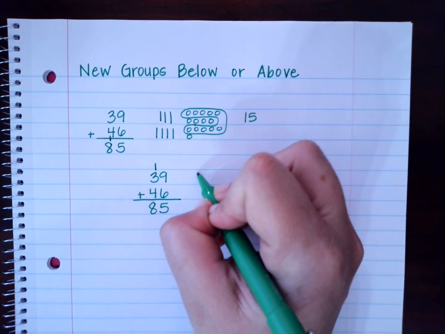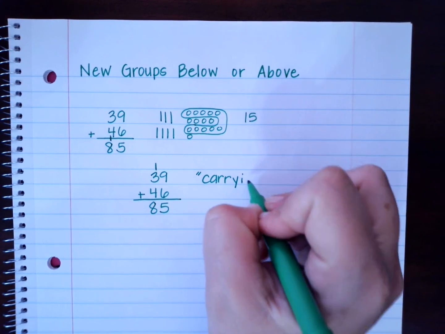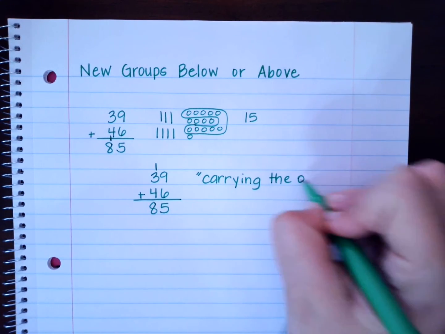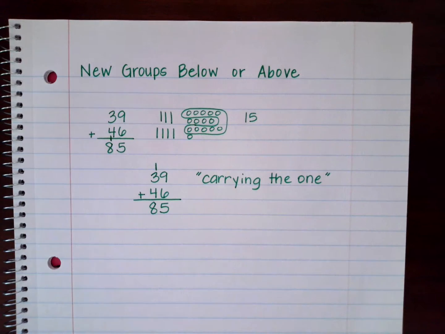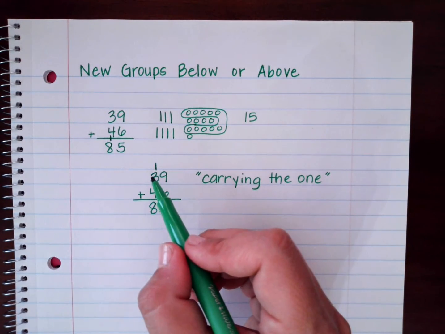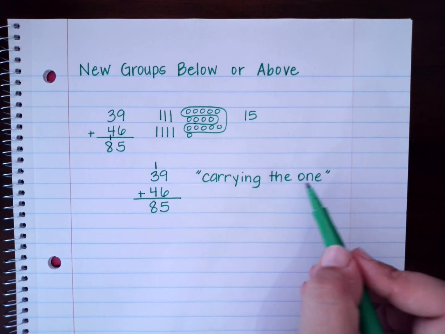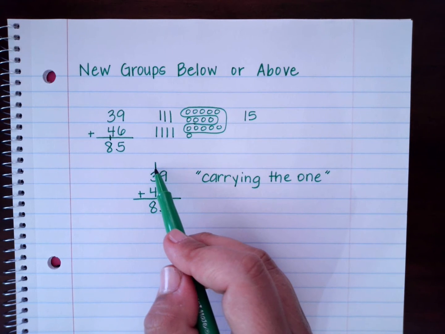So when your parents and I were in school, we learned the term carrying the 1. Carrying the 1 meant you took your 1 and you put it right there. You carried it to the next column. The problem with this is, is it just 1?